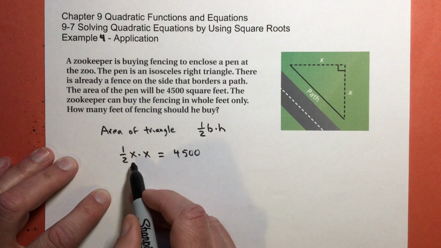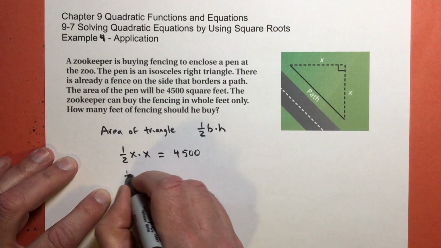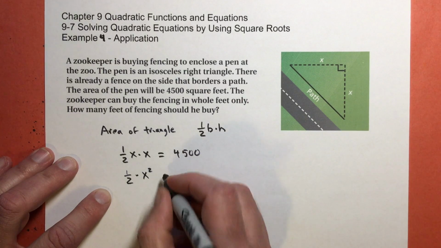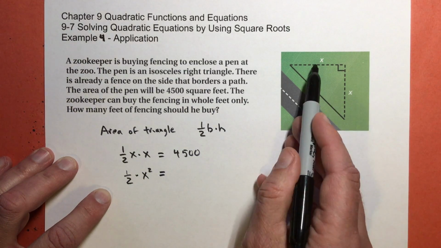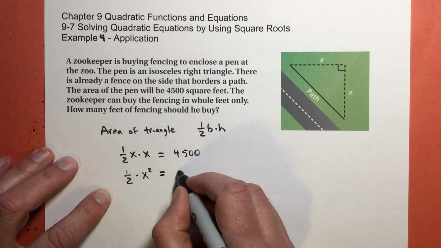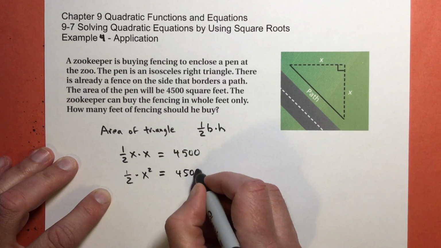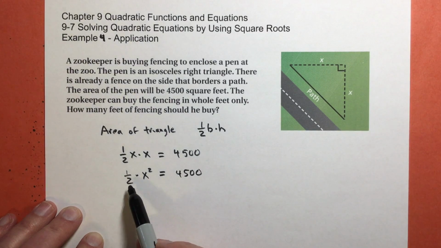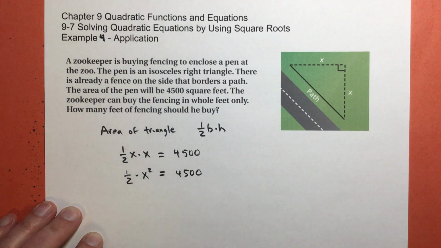Okay, so let's do some math here. I get 1/2, let's simplify, times x to the second power. That makes this a quadratic. It's kind of nice that they picked the same thing here, isn't it? Equals 4,500. The opposite of multiplying by 1/2 is to divide by 1/2. But like I said earlier, we don't divide.